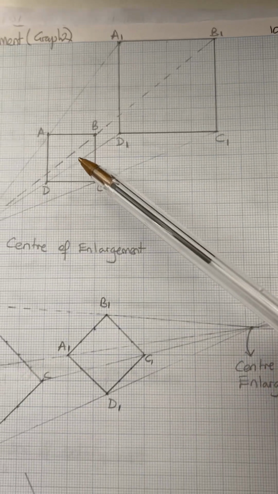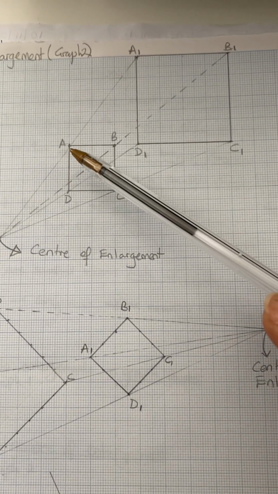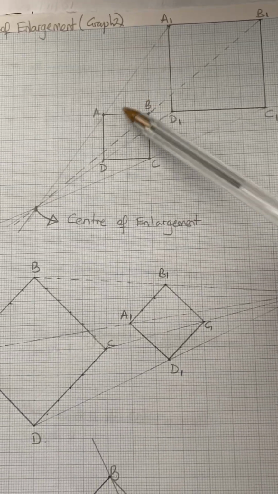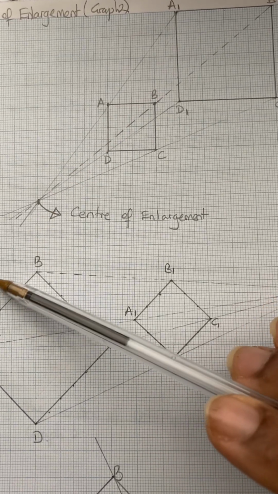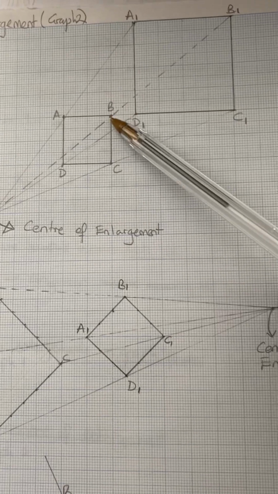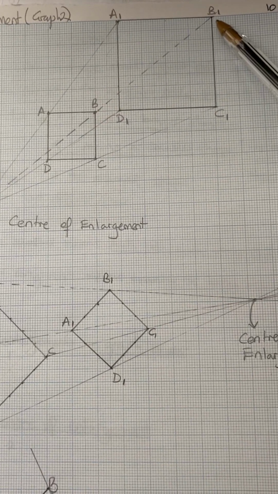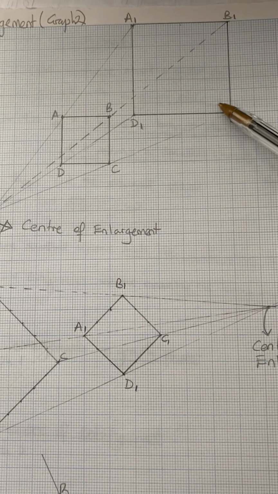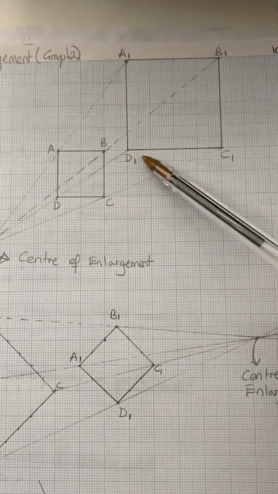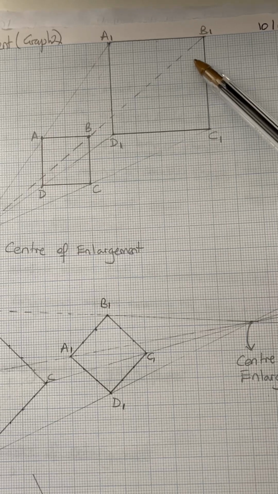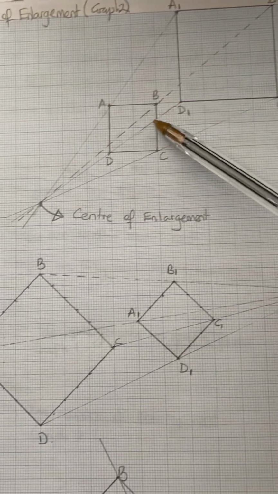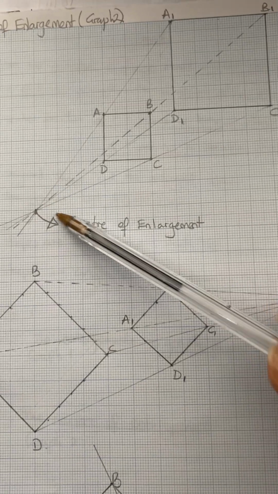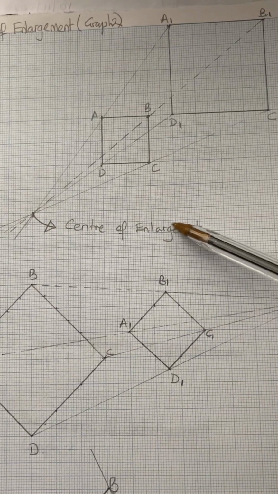Okay, now if I join A to A1 and I extend it a little bit more, and join B to B1, C to C1, D to D1, if it's on the graph paper and I extend it where the 4 lines meet, okay, it's my center of enlargement.